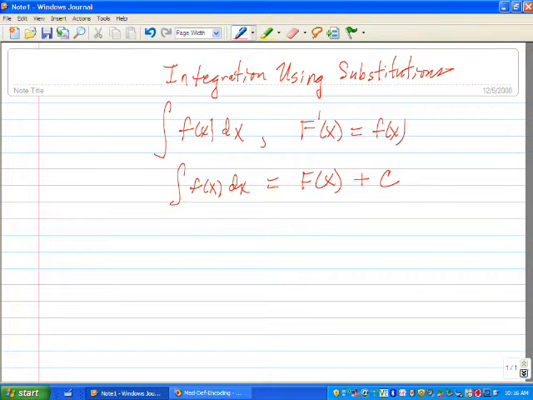For instance, if you had the simple integral of cosine of x dx, you know its antiderivative is sine of x, so the integral would be sine of x plus an arbitrary constant.